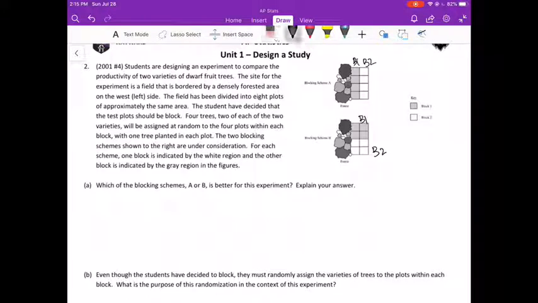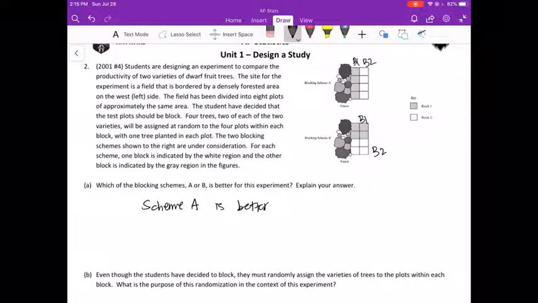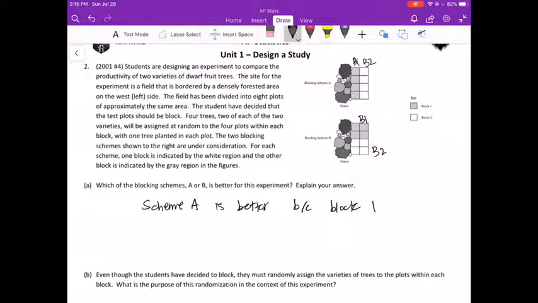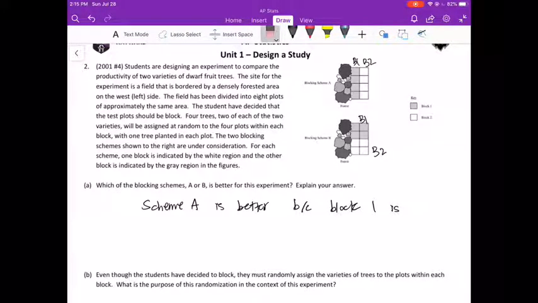I meant to say scheme A. So scheme A is better because block 1 is homogeneous. So you want each of these blocks to be homogeneous, right?